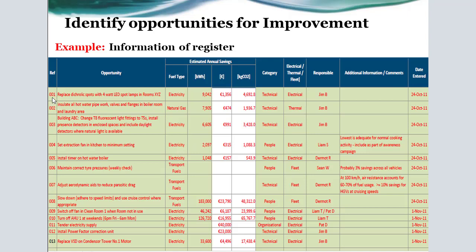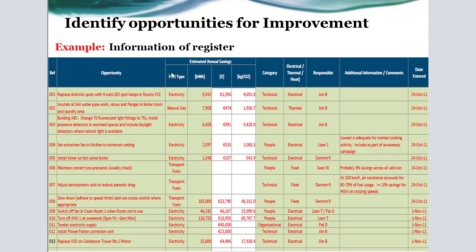Okay, let us explain one. Reference 001: this opportunity is about replacing spot lamps with 4 watt LED spot lamps in room number XYZ.